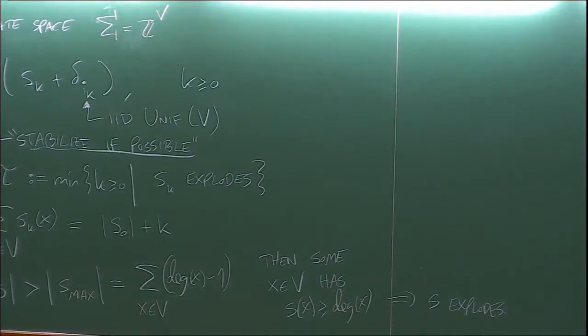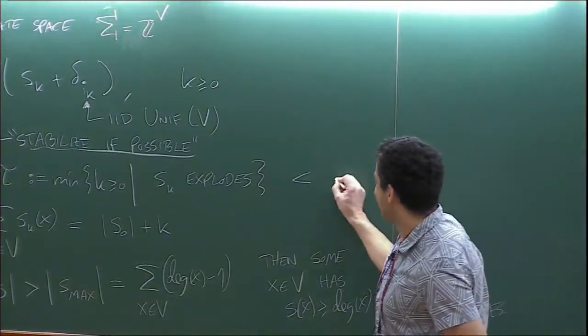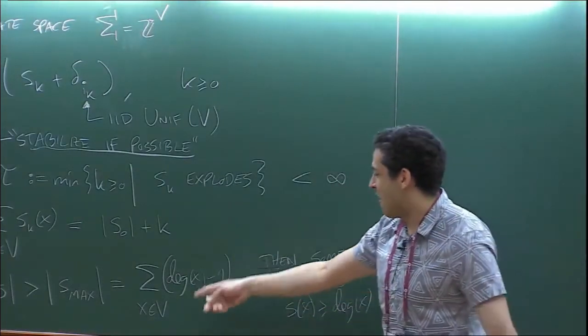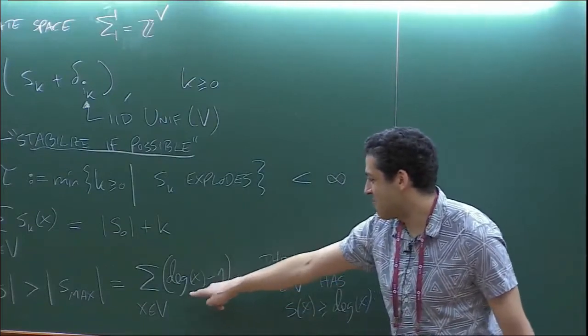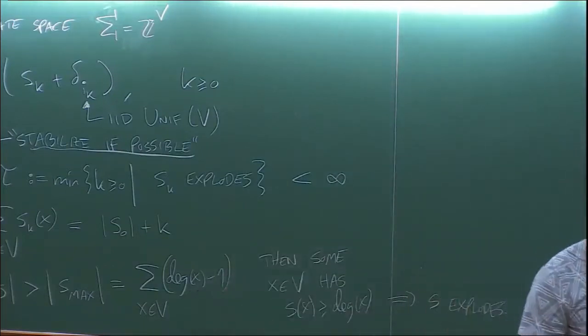Okay, so that ensures that we have this upper bound. Once you get as many chips as S max, one more chip will make you explode. Of course, you may explode far before that point.